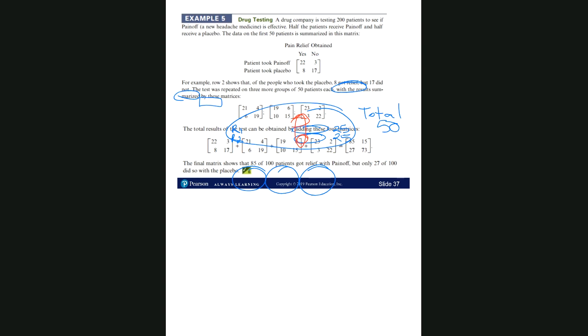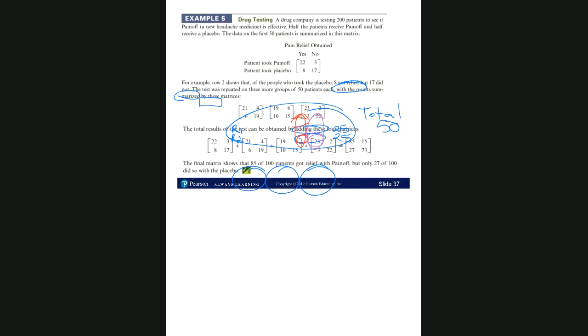If we look at the second column, 3 of the patients who took the medicine reported no pain relief, and 17 who took the placebo reported no pain relief. So this matrix is showing us how to organize the data.